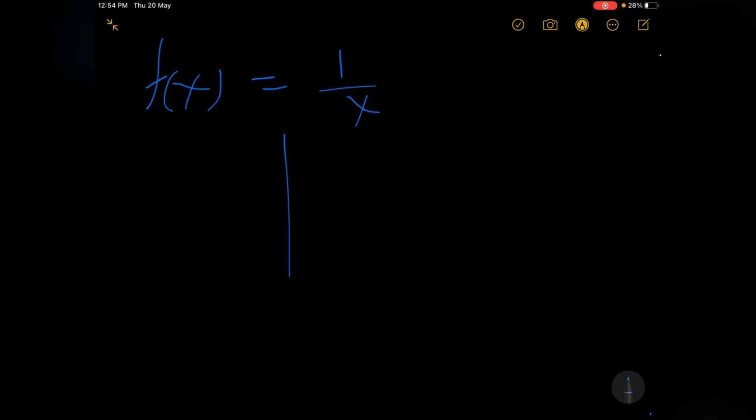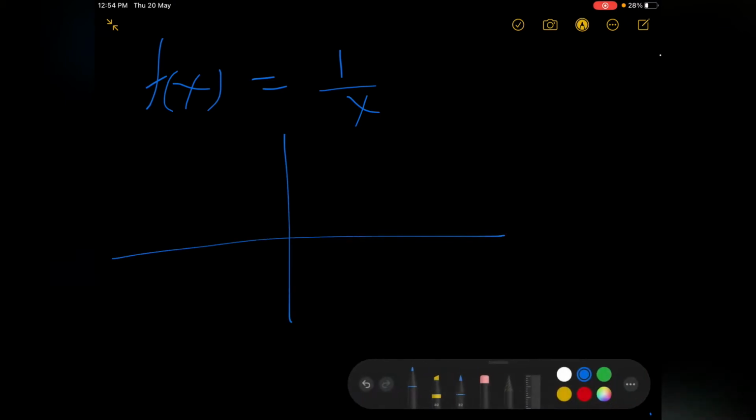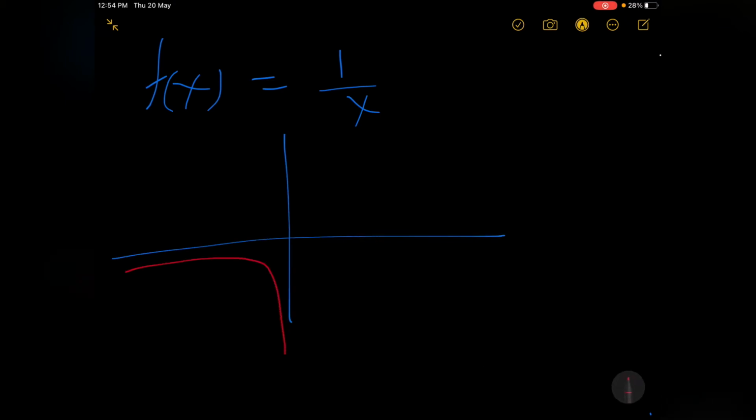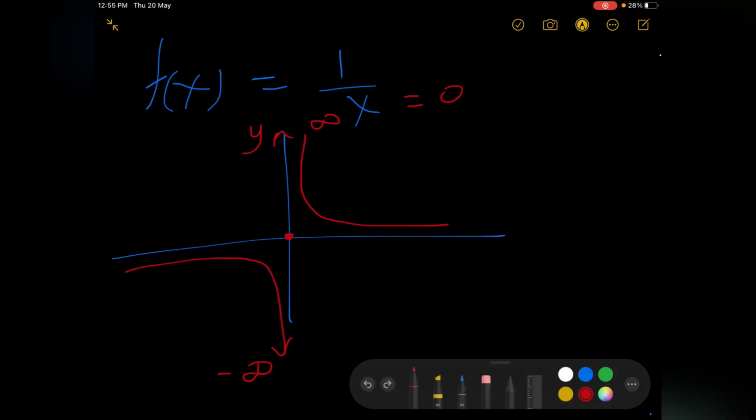Graphically, 1 over x is shown as this, where our curve is asymptotic to our y-axis, and it never actually touches, so this goes all the way to negative infinity, and this goes all the way to positive infinity. So at this point, which is 0, our function is discontinuous. So x can never be equal to 0.